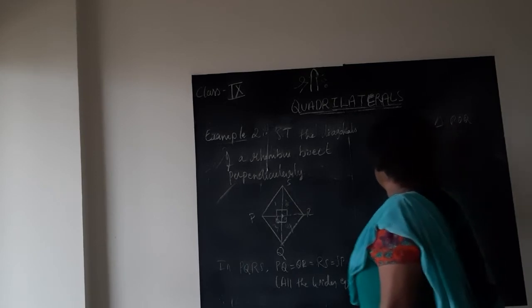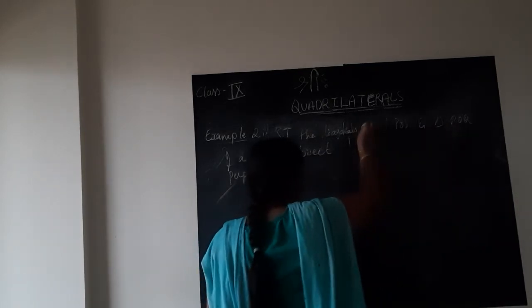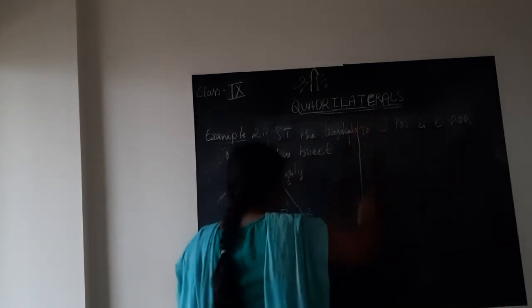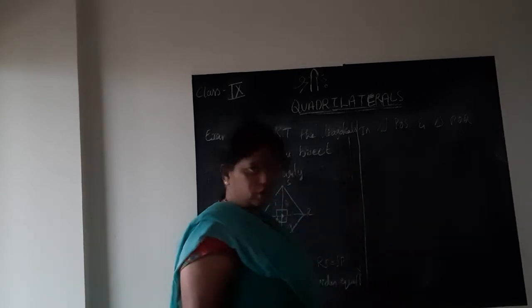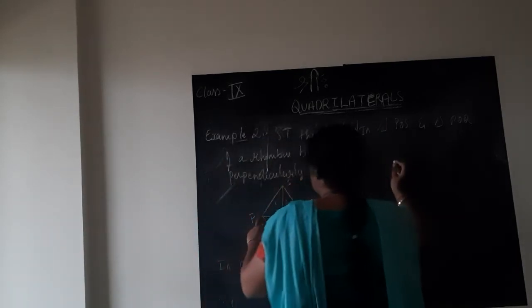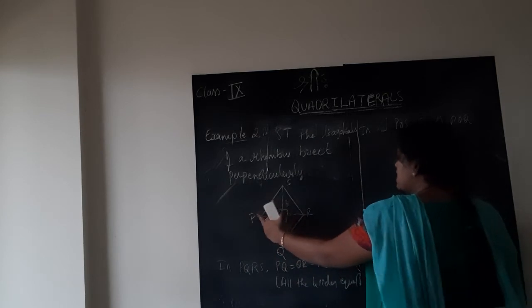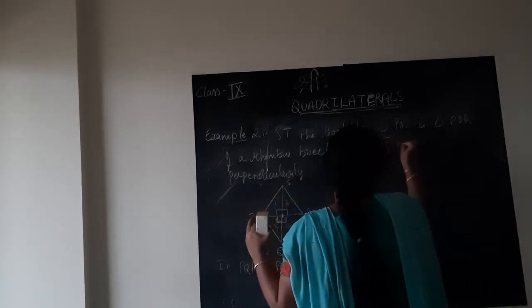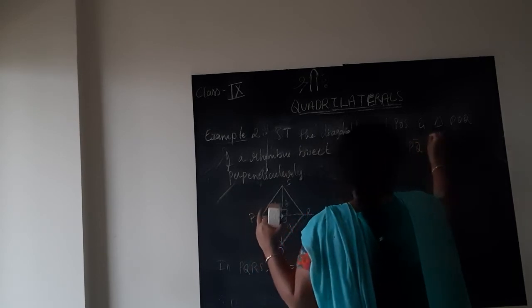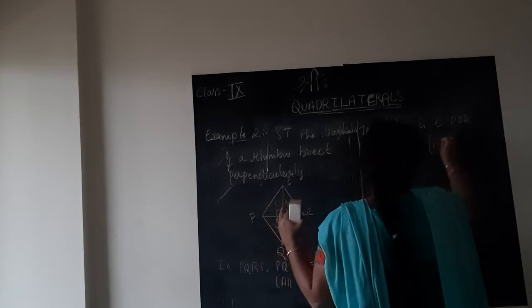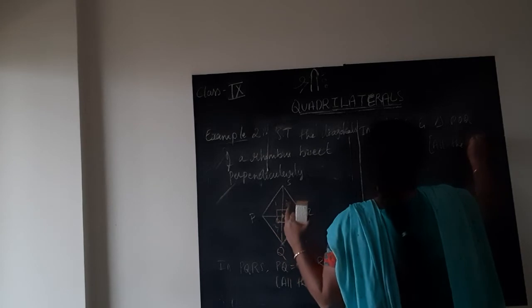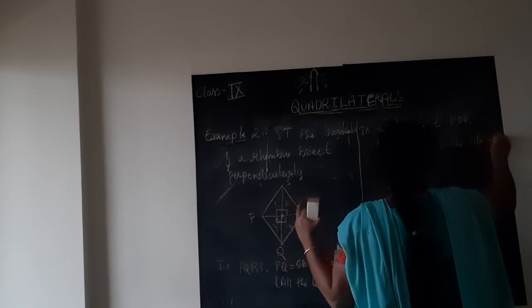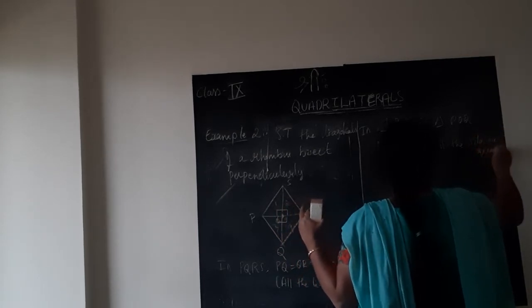In triangle POS and triangle POQ, look at the figure please, side PS is equal to side PQ. I will write PS is equal to PQ. Why? All the sides of a rhombus are equal, based on that property.